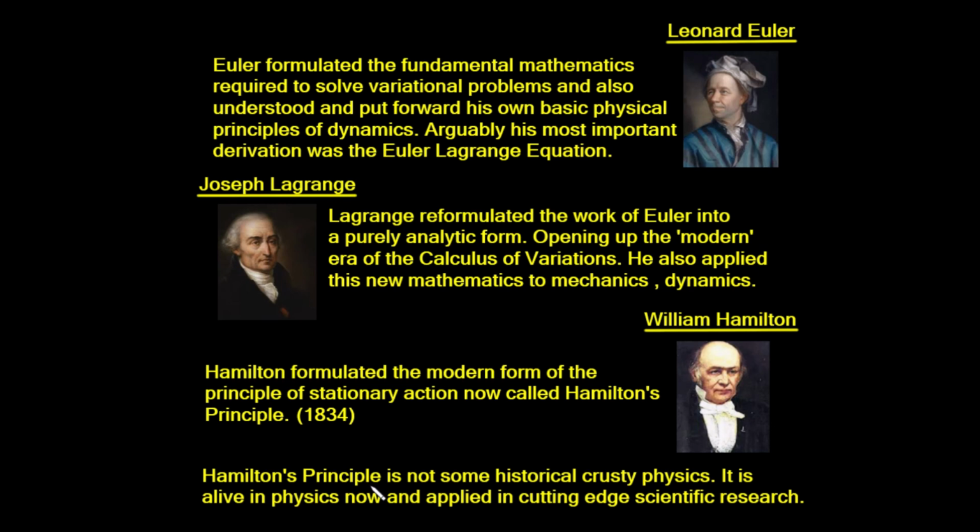And Hamilton's principle can be applied to electromagnetics, to special and general relativity, and in fact, if any new theory on physics is created, one of the first questions that would be asked is, how does this apply to Hamilton's principle, and what exactly is the function which we can call the action in this new theory?